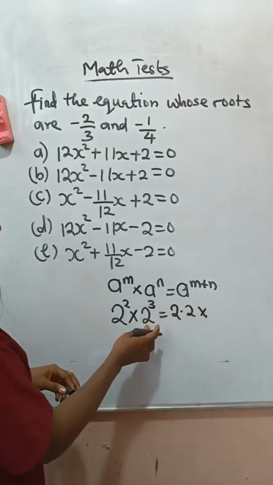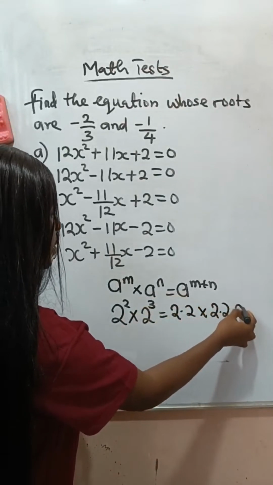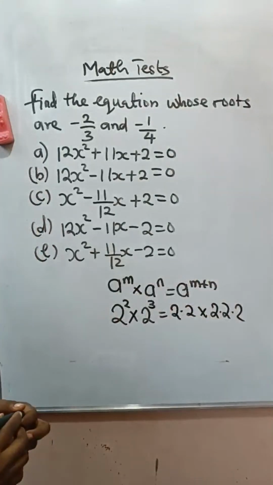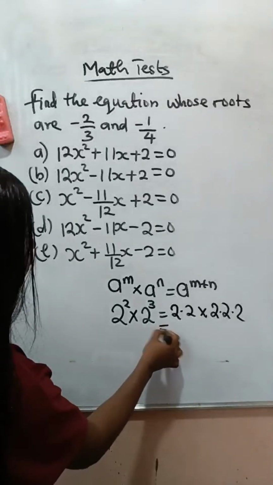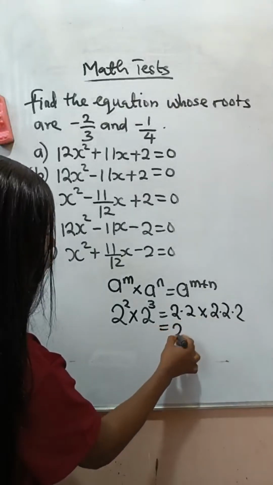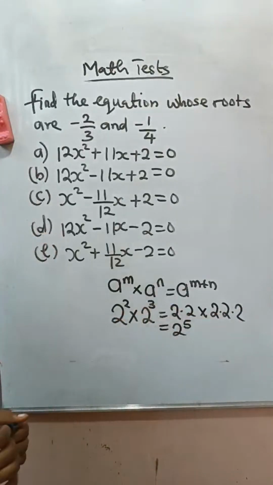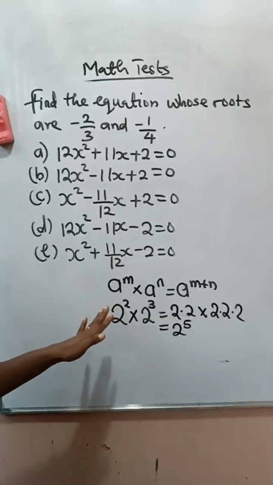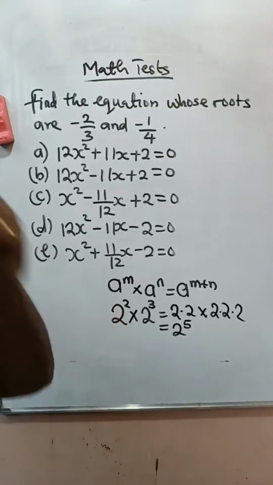Then times 2 to the power of 3 means 2 multiplied by 2 multiplied by 2. I don't know if you can still see that. Now, if you calculate this, you see that you have 2, 1, 2, 3, 4, 5, 2 to the power of 5. That is using the expansion method.